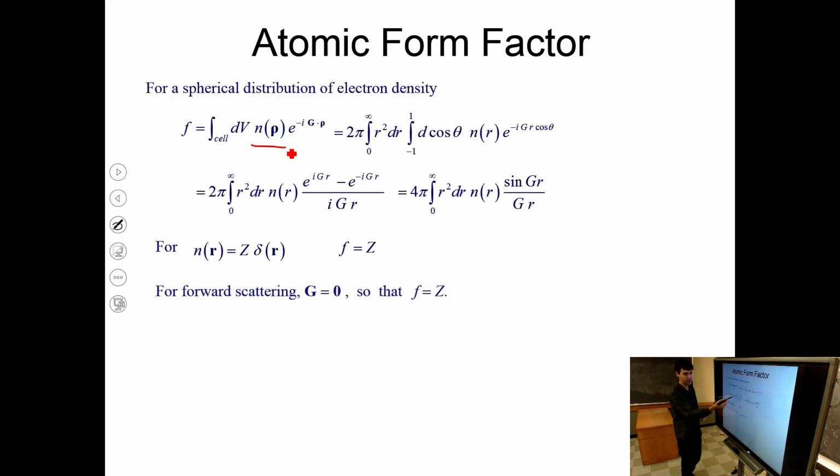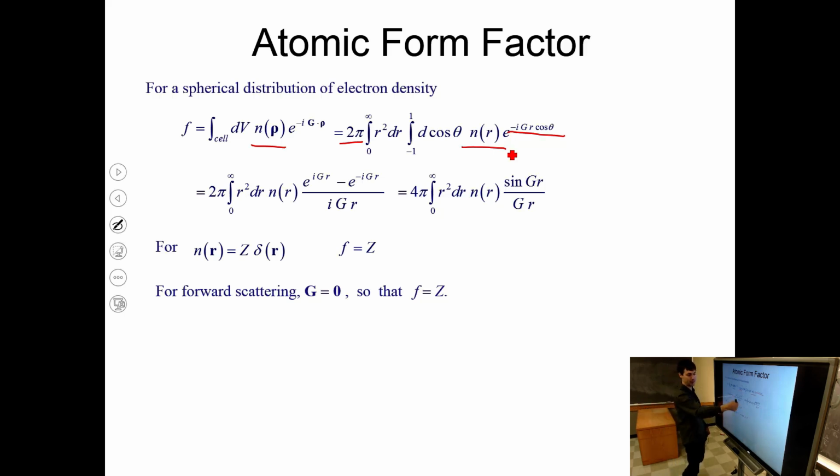Therefore, in these spherical coordinates, you can just integrate out the angles. However, angles will come into this Fourier transform factor because here you have g dot rho, and that gives you a cosine theta, the angle between them. The other spherical angle, phi, just integrates out and gives you this 2 pi. And the function itself just has a spherical symmetry. It's a Coulomb potential, so it only depends on r.